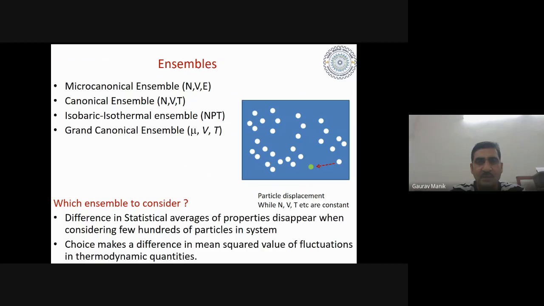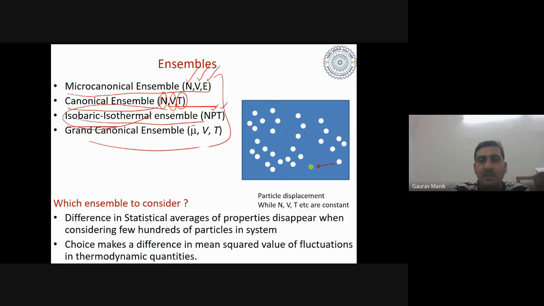So this is around the ensembles, which is you may need to control the number of molecules, you may need to control the volume of your system, you may need to control the energy of your system. So that's what is called a microcanonical ensemble. You may need to control number of molecules, volume and temperature. It's called a canonical ensemble. And if you control pressure and temperature, it's called an isothermal isobaric.